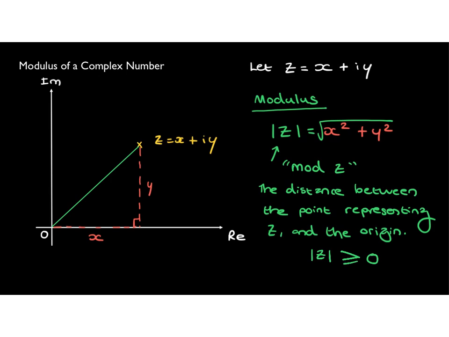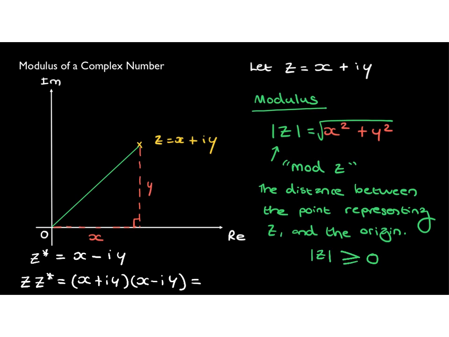One other interesting point that's worth mentioning here is if we identify the complex conjugate z star, which would be equal to x minus iy, and if we calculate z multiplied by z star, that's x plus iy multiplied by x minus iy.